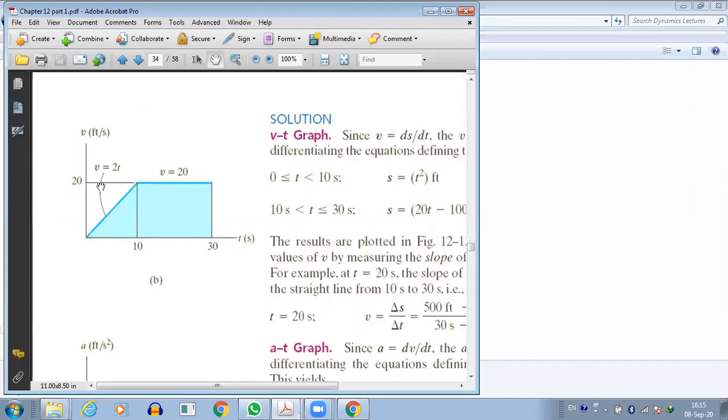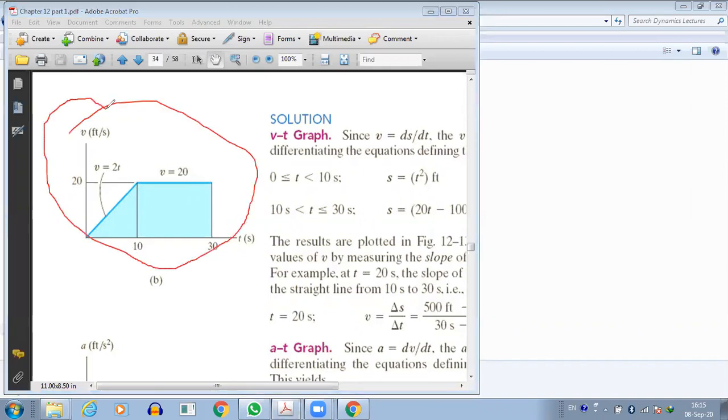When t equals 10, velocity will be 20. So now this is the VT graph. As simple as that. Your first part of the question is done. Do you understand it or not? Anybody who does not understand how this graph is drawn, please ask. Good. It seems everybody understood. Actually, it's not difficult. It's simple.